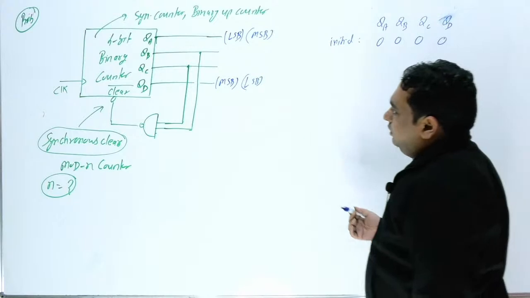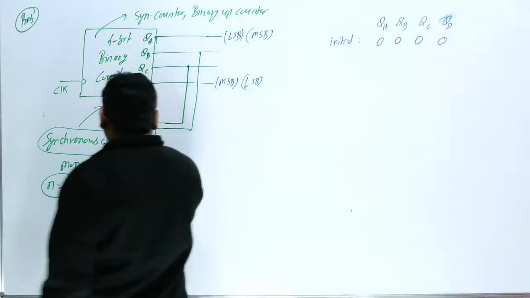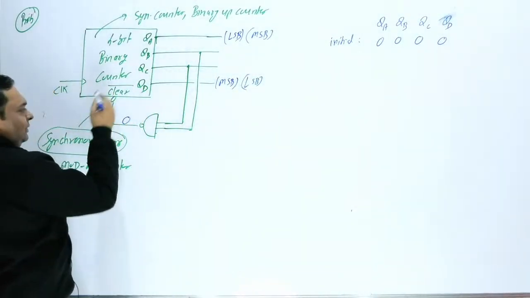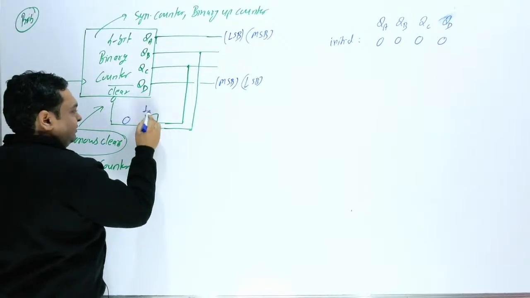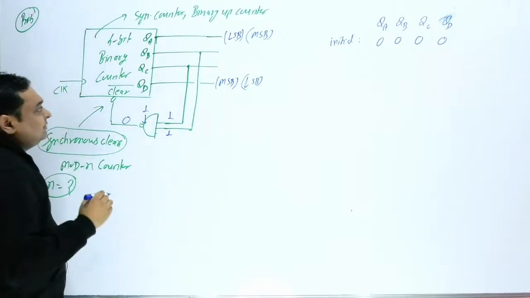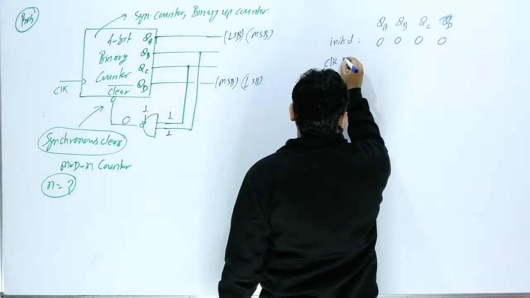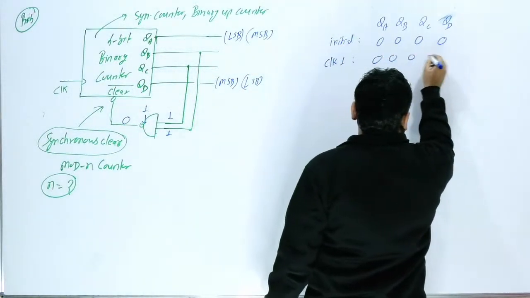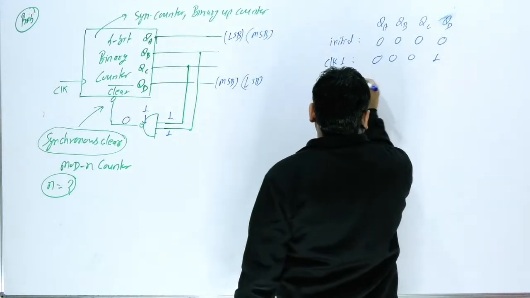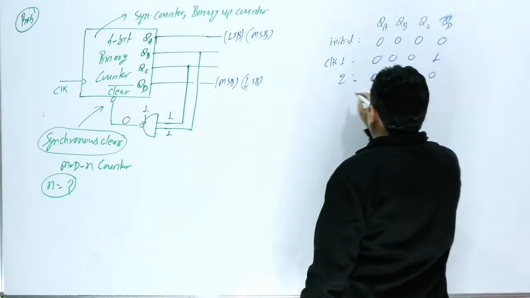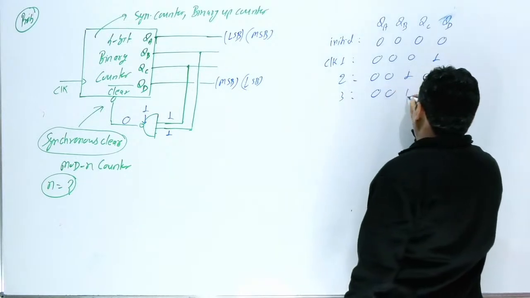Okay, so now, when this is 0, this will be clear. When both inputs are 1, 1, meaning QB and QC are 1, 1. After the first clock you get 0, 0, 0, 1. Again this will not clear. After the second clock, 0, 0, 1, 0. After the third clock, 0, 0, 1, 1.